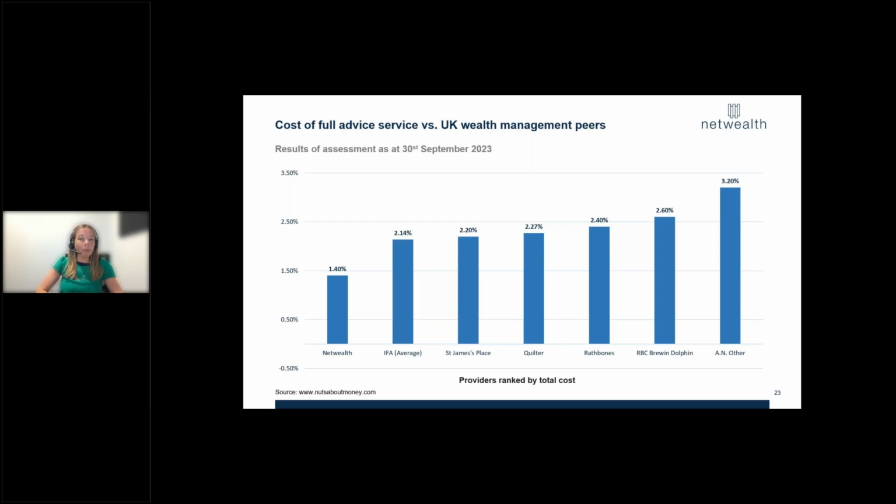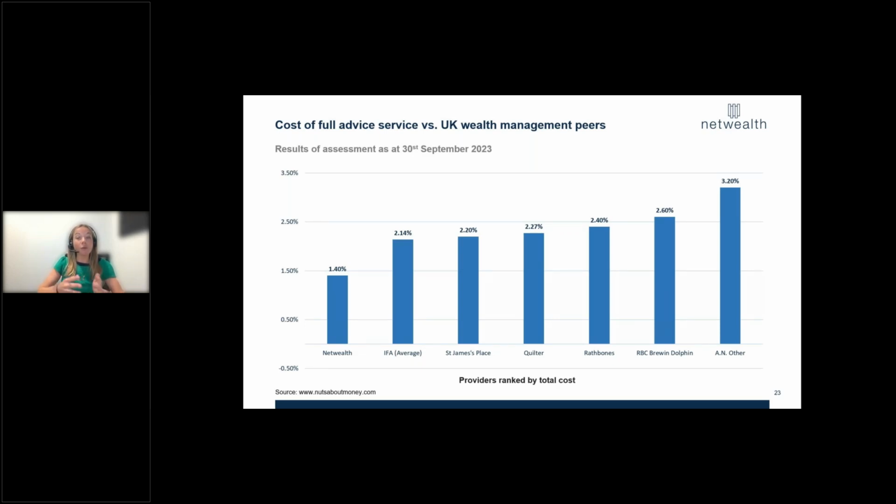You can see Netwealth on the left-hand side of the chart, and this assumes an initial investment of up to £250,000, where our investment management fee, as Lily mentioned earlier, is 0.75% per annum, and you've got the other costs of investing of 0.3% per annum, and then you've got the ongoing advice service of 0.35% per annum overlaying this, which brings the all-in cost of investing to 1.4% per annum.